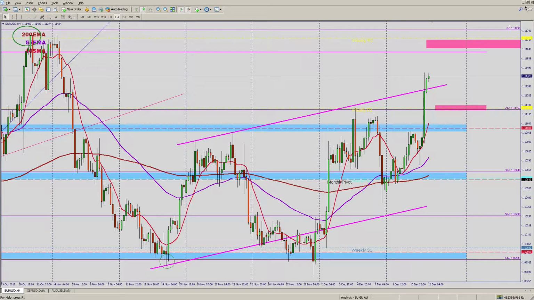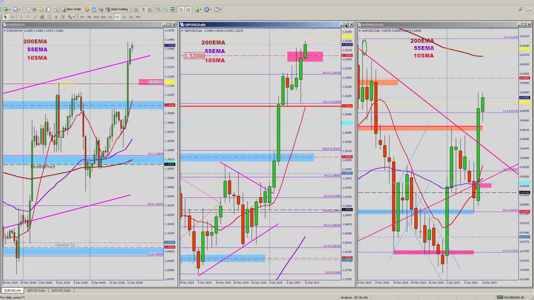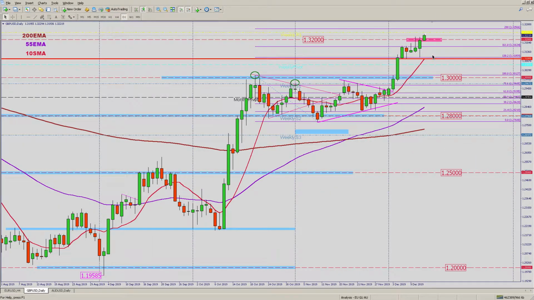Alright, let's switch to the cable, and the sterling did hit the 132.00 resistance zone earlier on Tuesday and quickly pulled back and continued lower to find support at a 138 extension level.